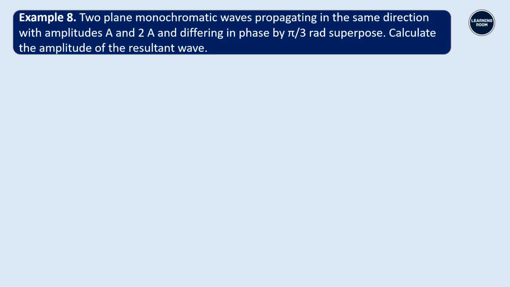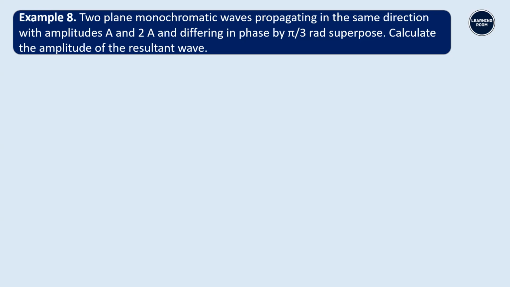It says two plane monochromatic waves propagating in the same direction. We know that for interference, same direction is needed. Those two plane monochromatic waves are traveling with amplitudes A and 2A respectively, and the phase difference between them is pi by 3. Now these two waves are superposing. Calculate the amplitude of the resultant wave.